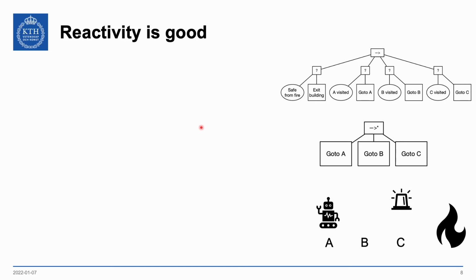And as we saw before, reactivity is good when the outer world changes without your doing anything. So for instance, a fire starts, or some other agent is moving stuff around, and so on.